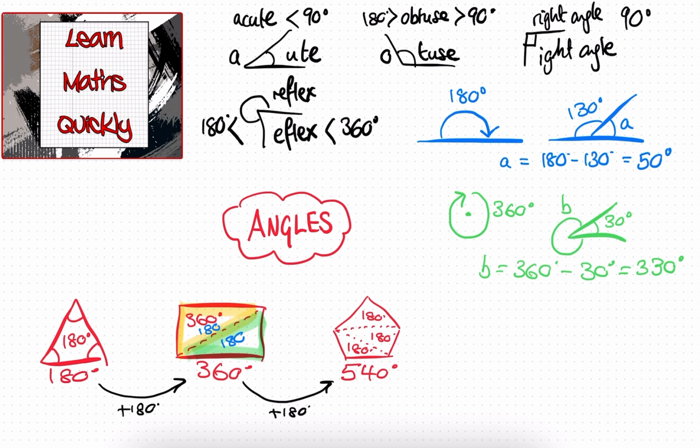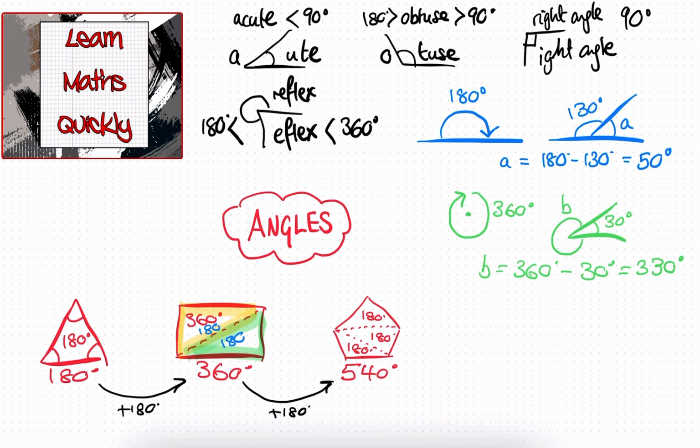Now that's a good way to remember it if you're thinking about shapes that don't have many sides, like your 3, 4, 5, 6-sided shapes. But sometimes you might have a question where they say you have to work out the angles of, say, a 12-sided shape. So there's a formula for this.